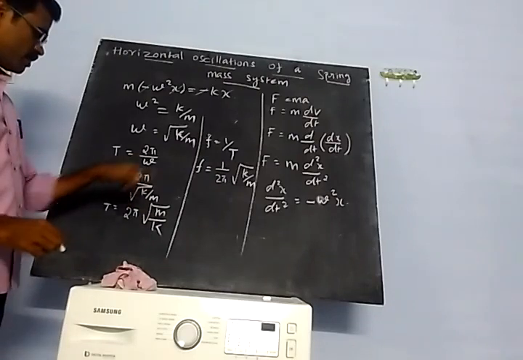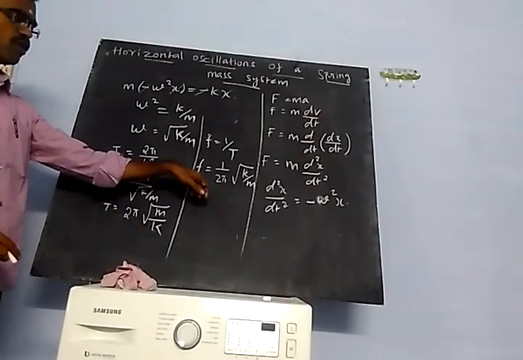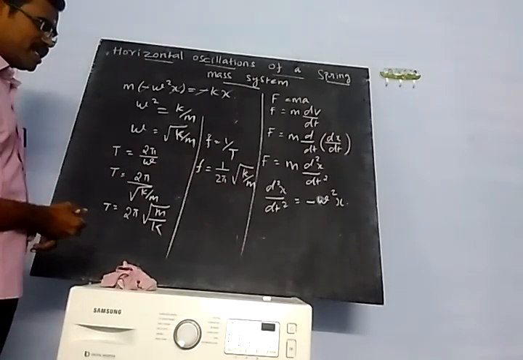So here the time period is equal to 2 pi square root of m by k, and the frequency is equal to 1 by 2 pi square root of k by m.